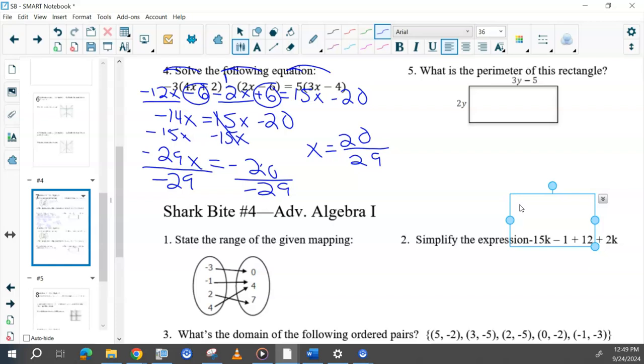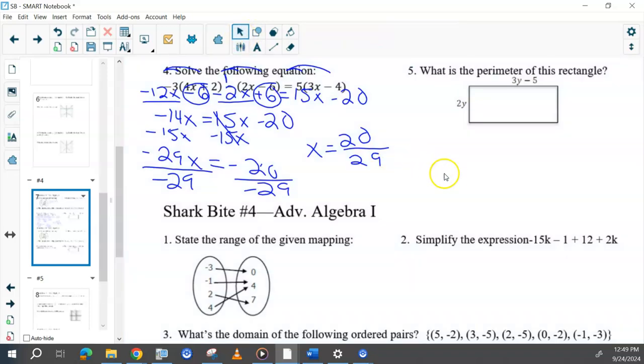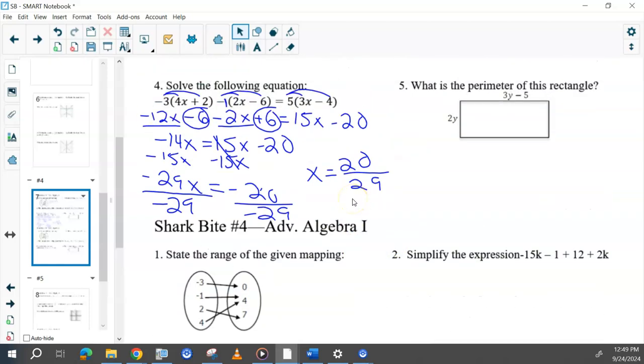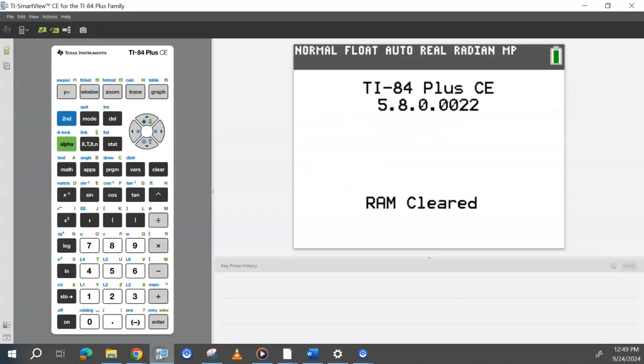You could, that's not what I'm going to do. Hold on. I don't know if I did that. So if I did that, put that in the calculator.